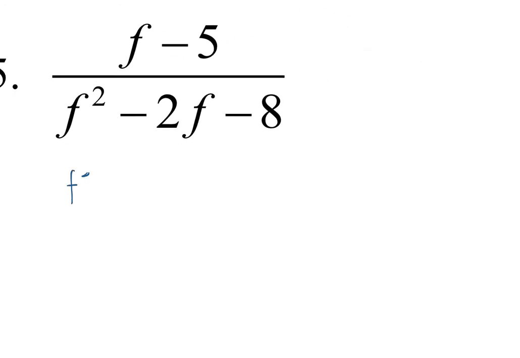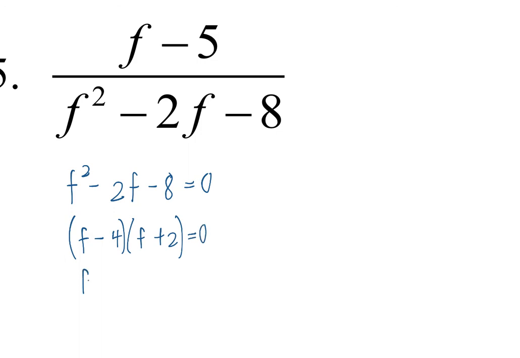Right here, again, you take your denominator and set it equal to 0. This is where module 5 comes in really handy, because we have to factor this and set the factors equal to 0. Factors of -8 that add to give me -2 would be f minus 4 and f plus 2.